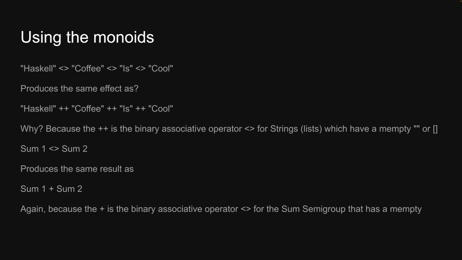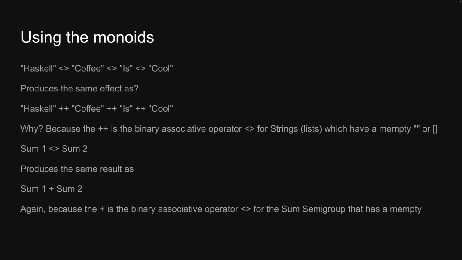And sum1 mappend sum2 produces the same result as sum1 plus sum2, because the plus operator for sums has that mempty of an empty sum, which is 0. So if you got the value of an empty sum, you would get 0.